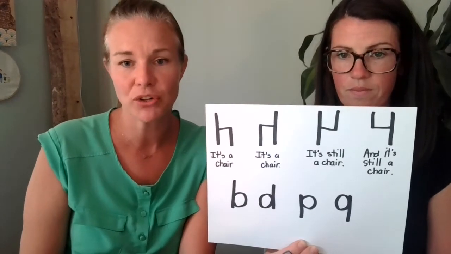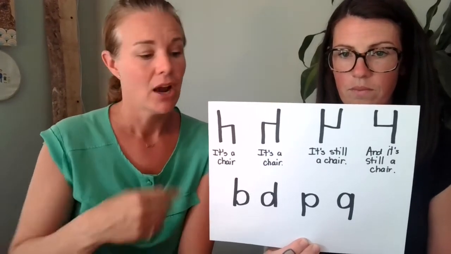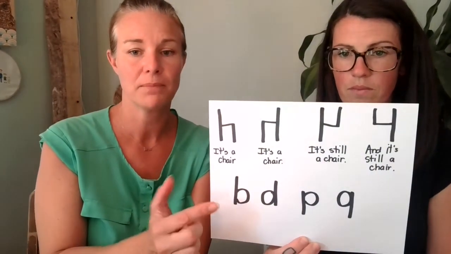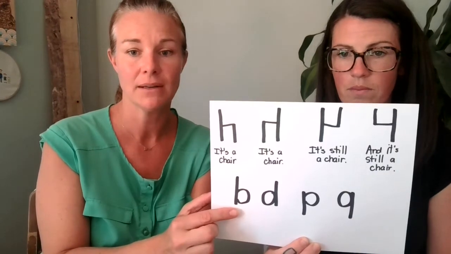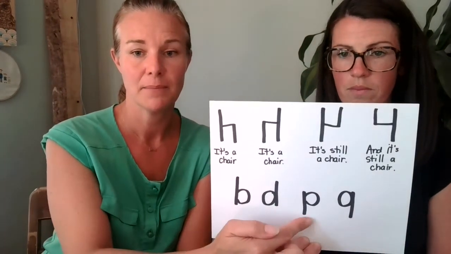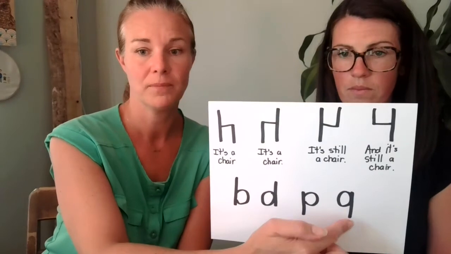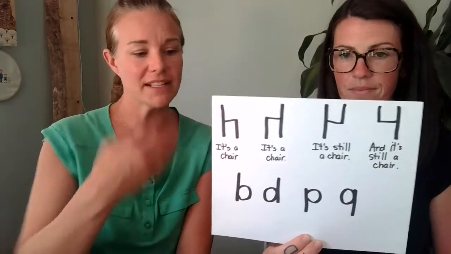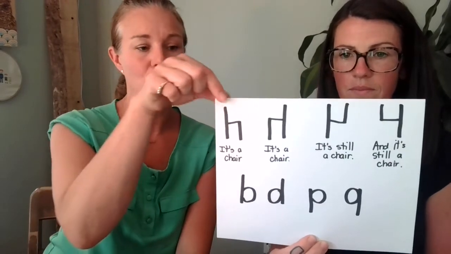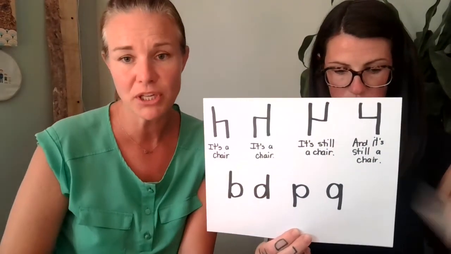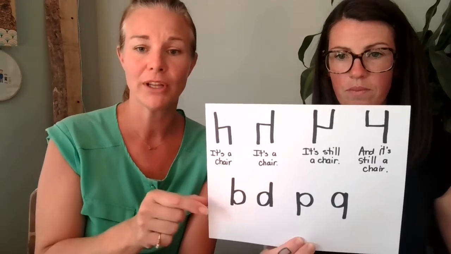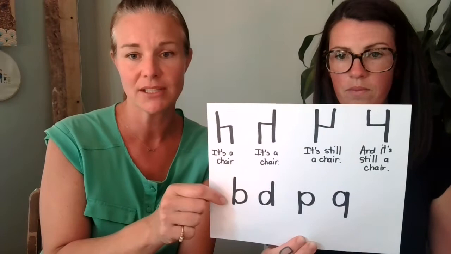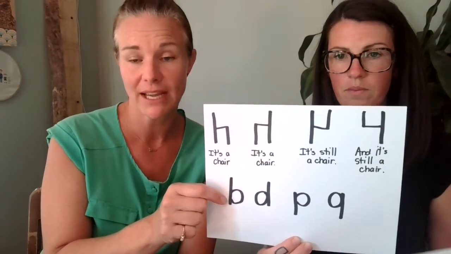So a lot of our students with reading disabilities and reading difficulties do have a difficult time differentiating between these letters here: B, D, P, and Q, and sometimes as well the number 9. So this is to illustrate how when we're looking at certain objects, the object doesn't change. However, when we look at a line with a circle on it, it drastically changes what the letter sound is.